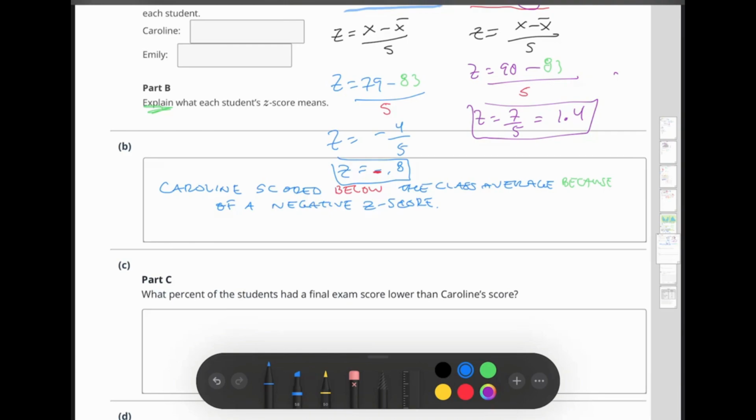Or you can say, Caroline scored below Emily, because Emily scored above the class average, because this is a plus.